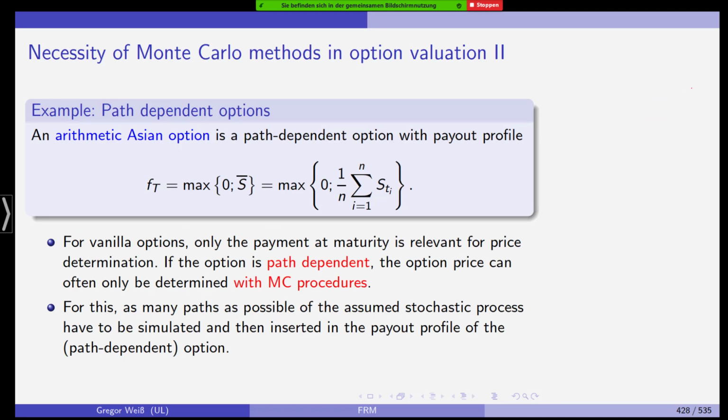One simple example is an arithmetic Asian option. It's a path-dependent option, and as you can see, it pays out the maximum of 0 and the average stock price in between. Now, for a plain vanilla option, we've seen only the underlying price at the very end is relevant. For this path-dependent option, it's the average. So we need to know all the stock prices in between.